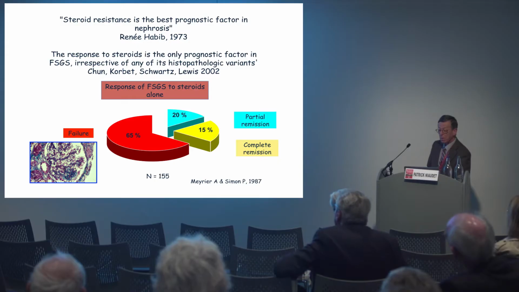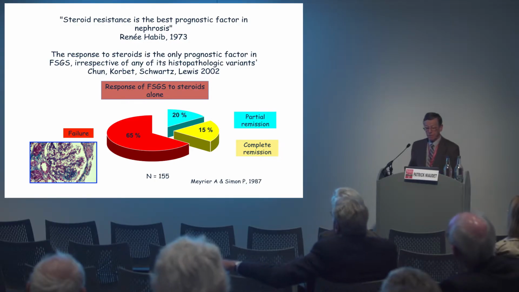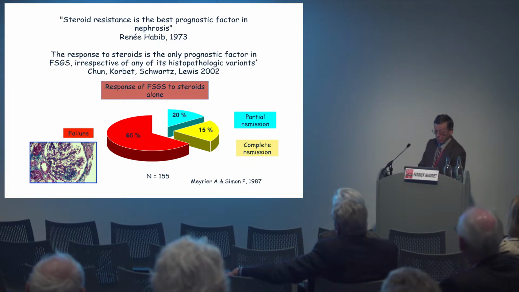In 1973, René Habib wrote that steroid resistance is the best prognostic factor in nephrosis, irrespective of the histopathologic pattern.